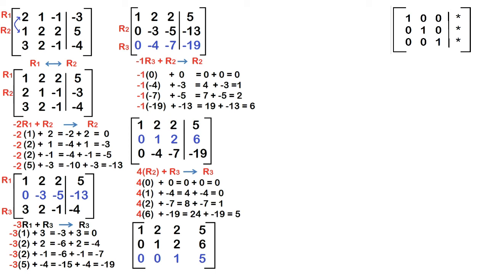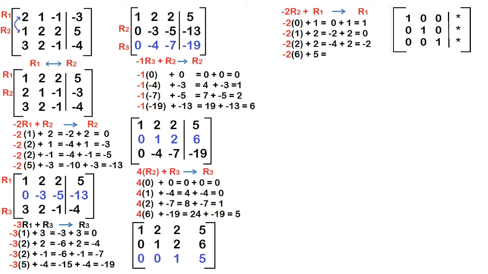To make 2 equal to 0, add its opposite. Multiply -2 to row 2, add the product to row 1, replace row 1 with the sum. -2 times row 2 plus row 1 to replace row 1. -2 times the numbers in row 2, 0, 1, 2, 6, plus the numbers in row 1, 1, 2, 2, 5 is equal to 0 plus 1 equals 1, -2 plus 2 equals 0, -4 plus 2 equals -2, -12 plus 5 equals -7.